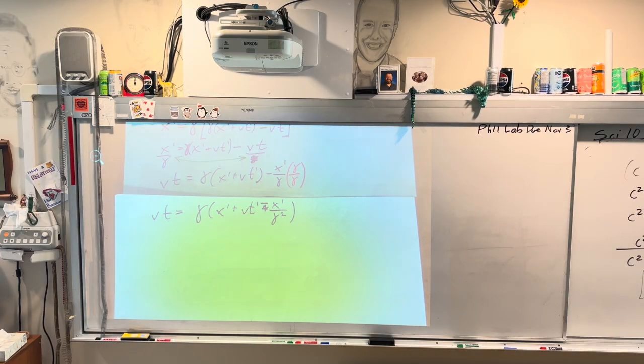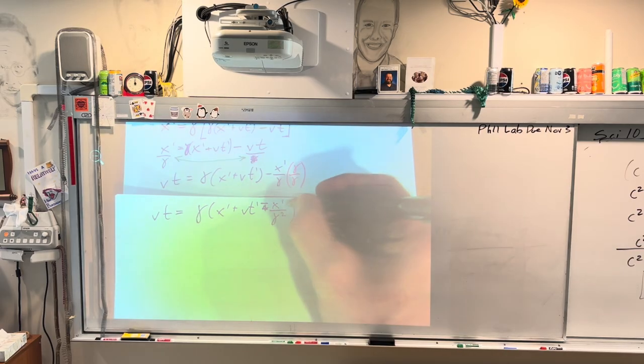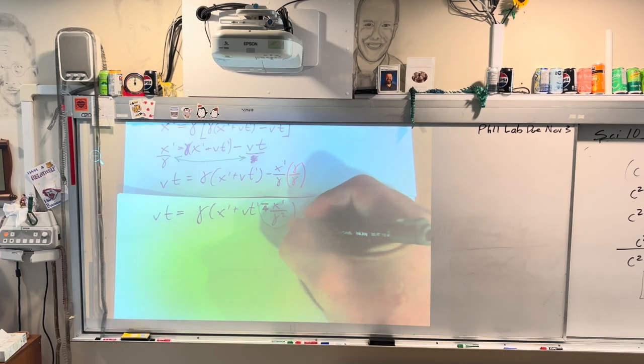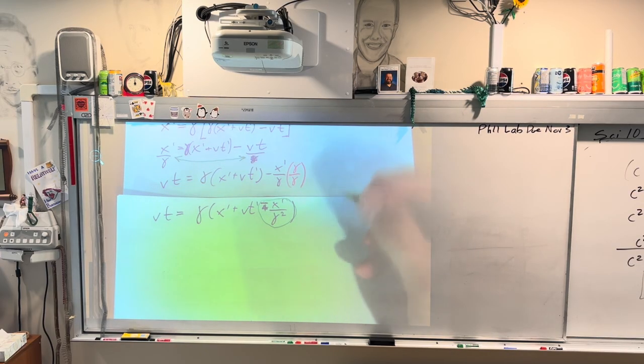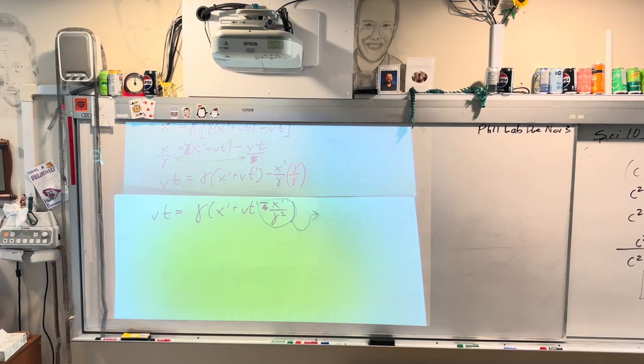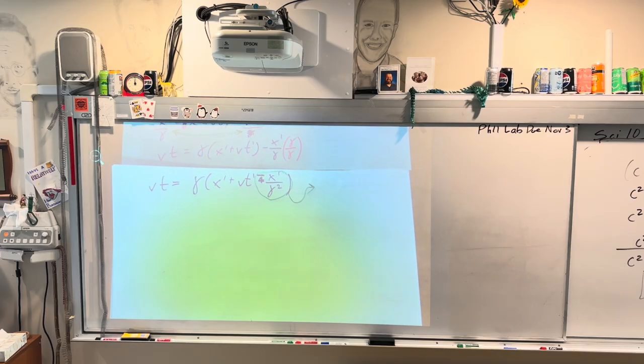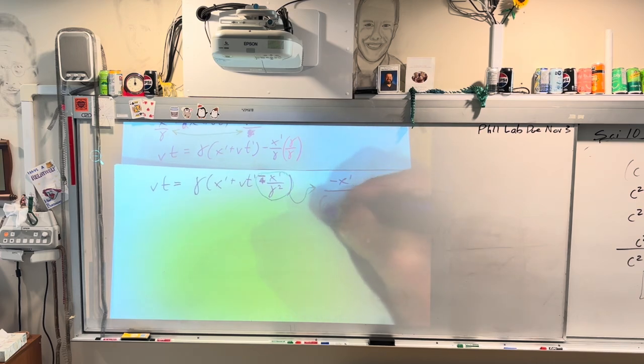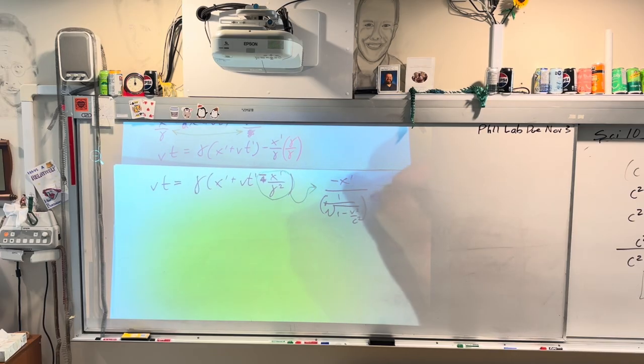And then we have to do a little aside here with this term. Because now we have negative x prime over gamma squared. We're going to do a little side trick with this term. We're going to expand this gamma. We're going to say that's 1 over square root of 1 minus v squared over c squared, all squared.